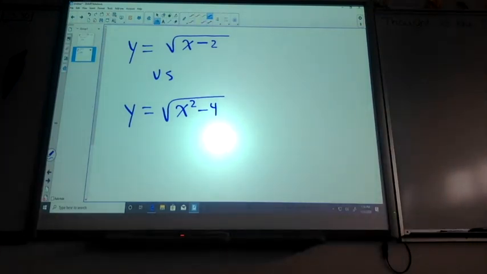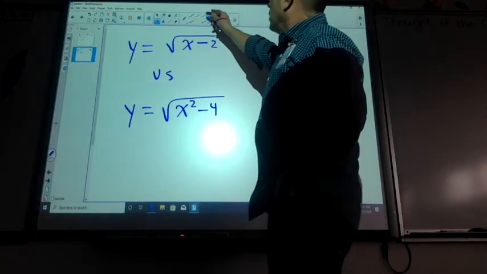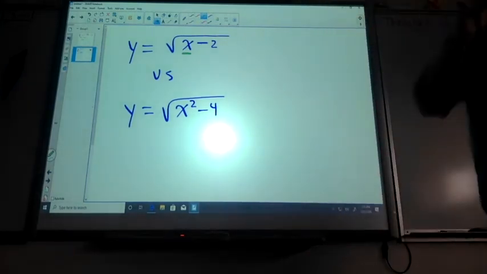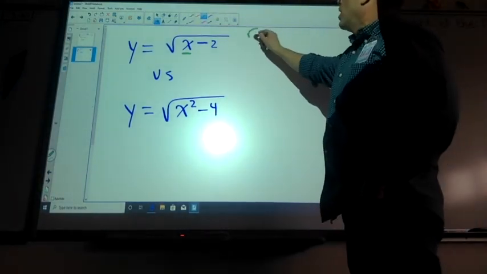All right. Let's talk about the difference between the domain on each. Without really graphing it, what's the smallest value I can plug in here that still gives me something that exists? Now we have to know that the square root of 0 is equal to 0.